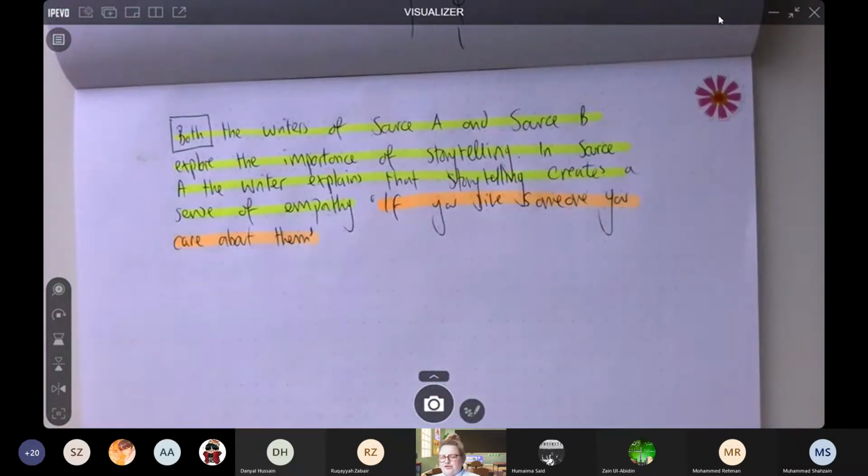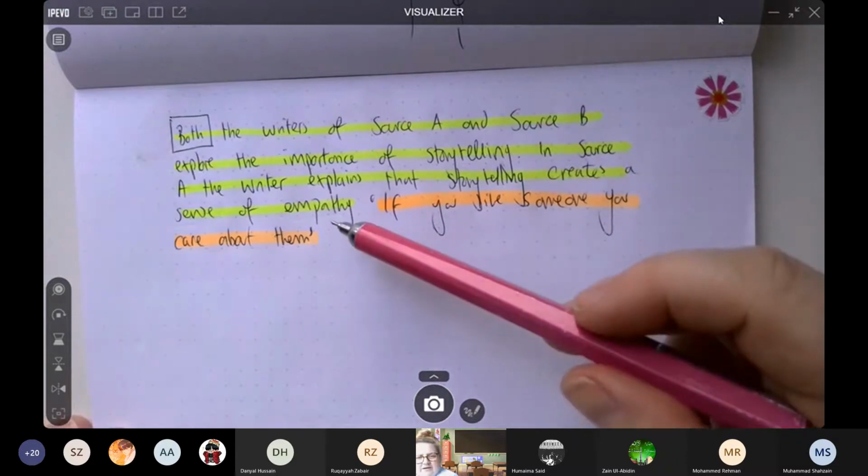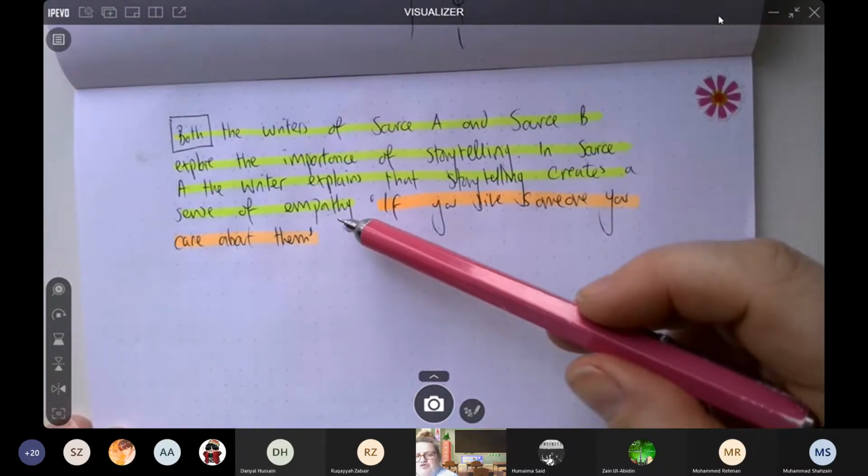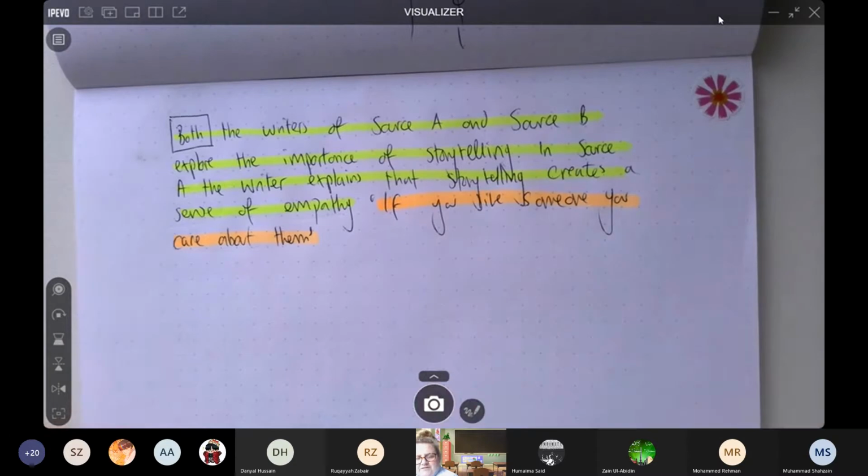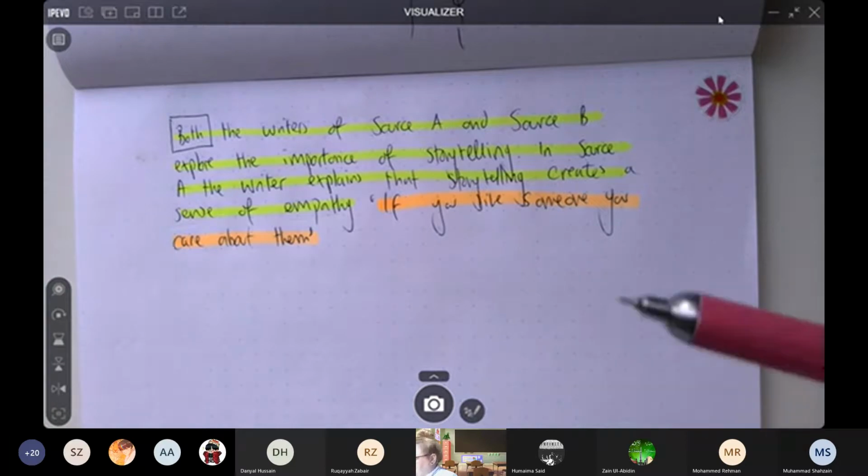But now I've got to do the inference. I've got to explain what I learn from this statement. Now, I'm probably going to end up sounding like I'm repeating myself because I'm going to have to draw on this idea of empathy. But that's fine, okay? Because what I want to make sure is that I'm explicit in explaining what this makes me think.